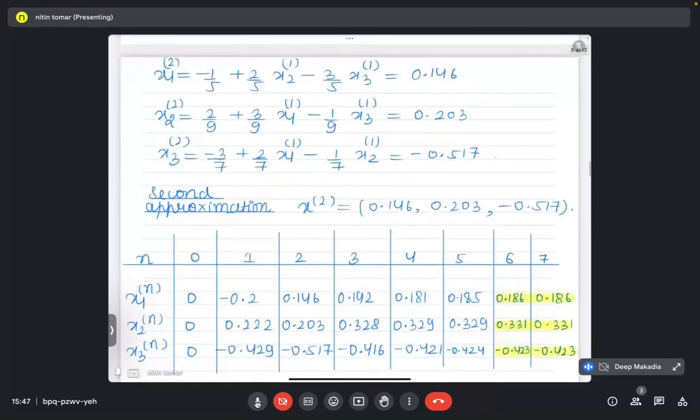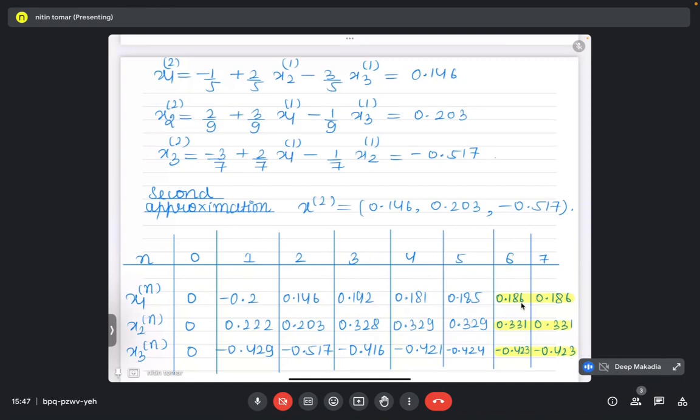If I give you this table, can you see that these approximations converge to the original solution? See this x1 bracket n, x2 bracket n, x3 bracket n. This is one vector in R3. After 6 and 7 you see the first is 0.186, so it is kind of uniform.